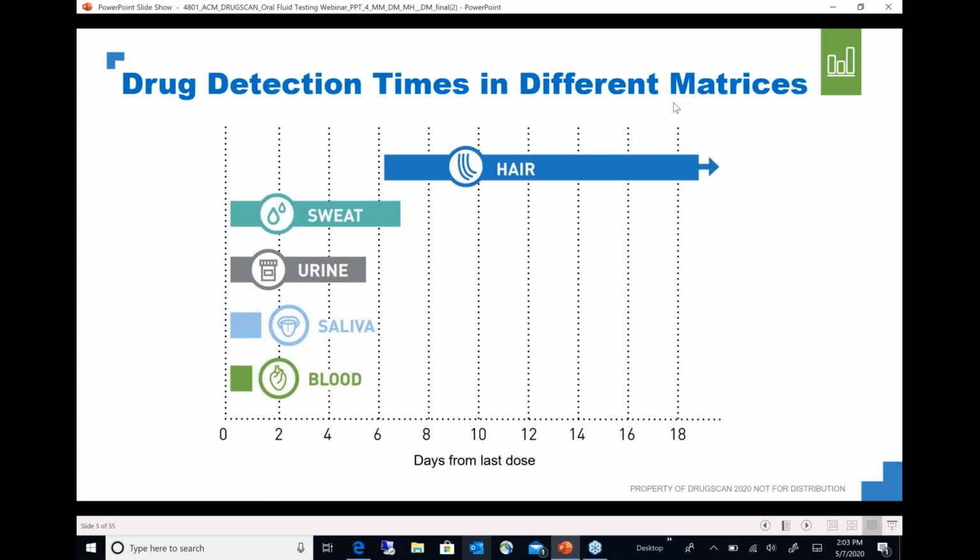This is a presentation of the different detection windows of hair, urine, saliva, and blood, and I'm also including sweat in this slide. Though sweat is a relatively new matrix that a lot of analysis is being performed on as far as doing studies looking at the differentiation.